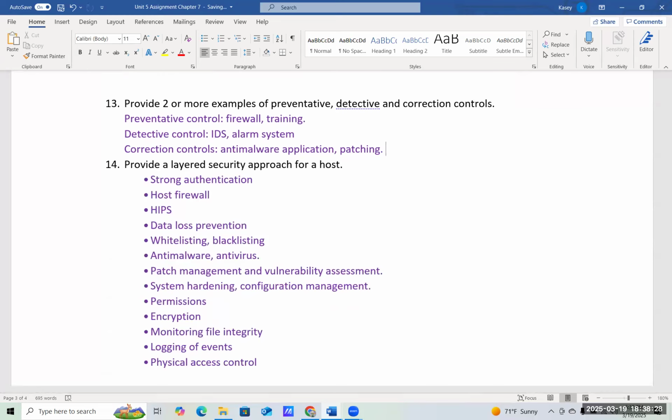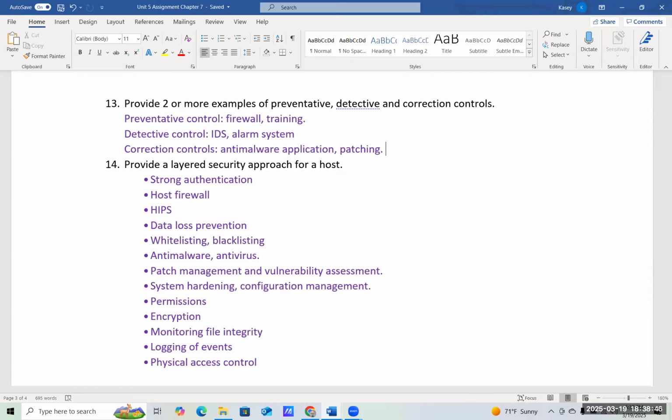So when you're looking at a host, it can be any system, right? Let's look at it from a scale of an enterprise level host, like a server, okay? A host can be your desktop or your laptop, a computer.